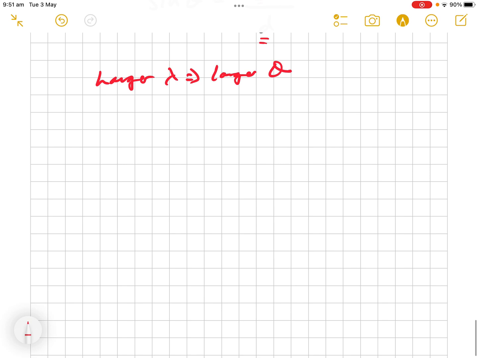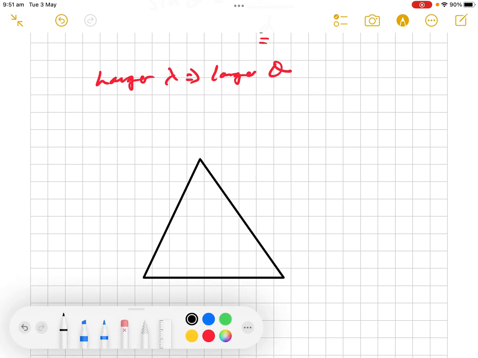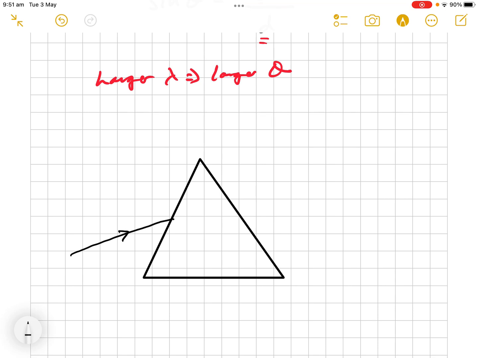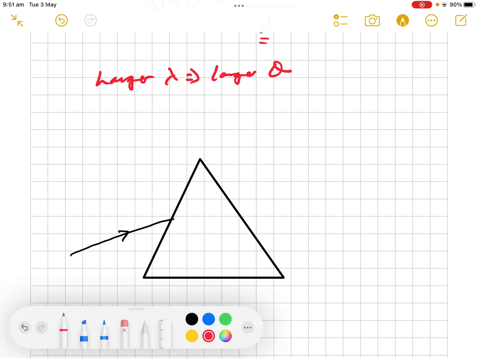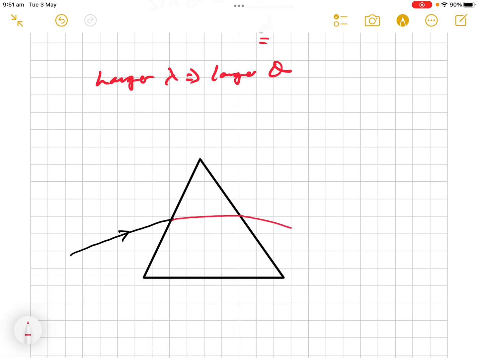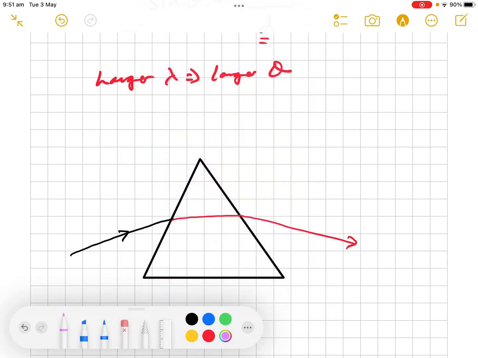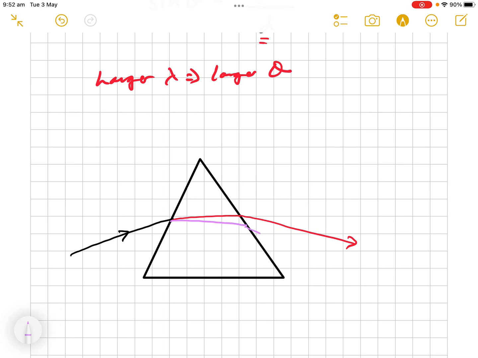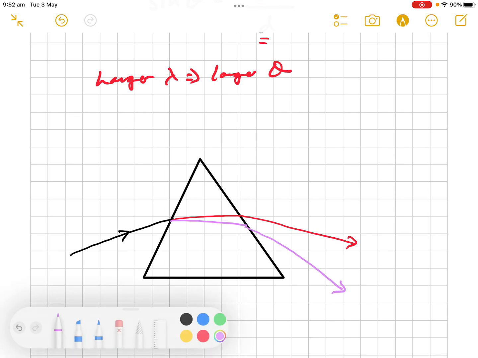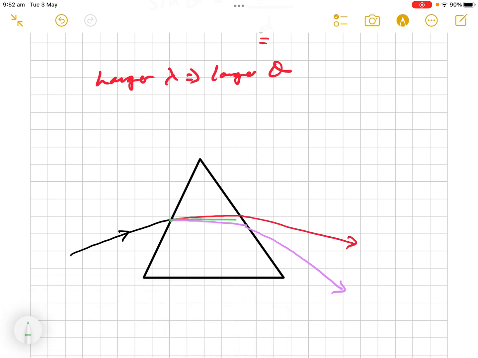And just before I stop this note, compare that with the kind of dispersion you get with refraction with a prism. When you send in white light to a prism, it's the red light that is actually refracted least, and the violet light is refracted most, with green obviously in the middle.